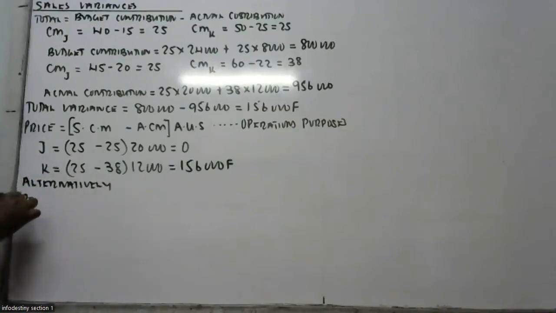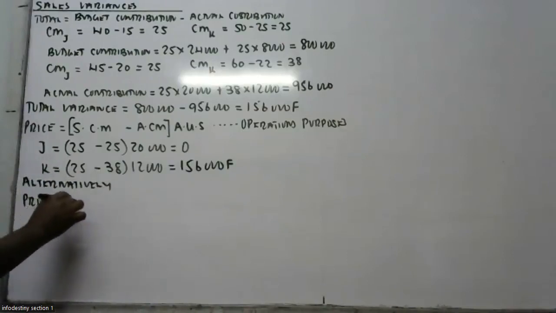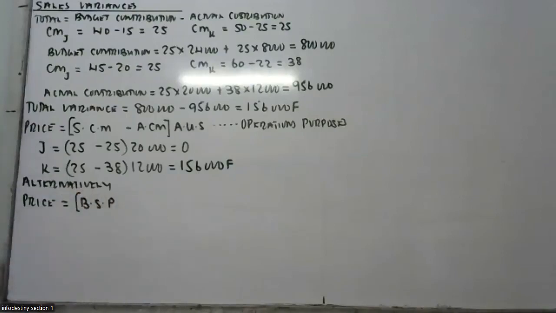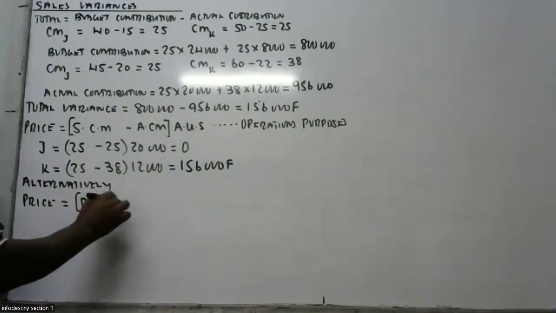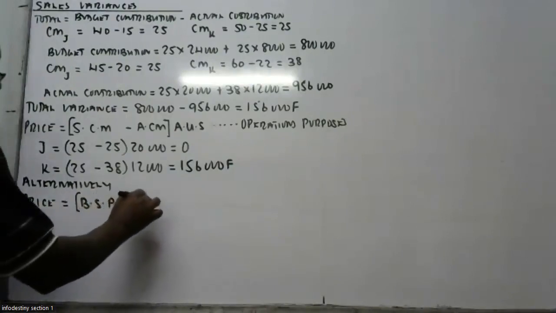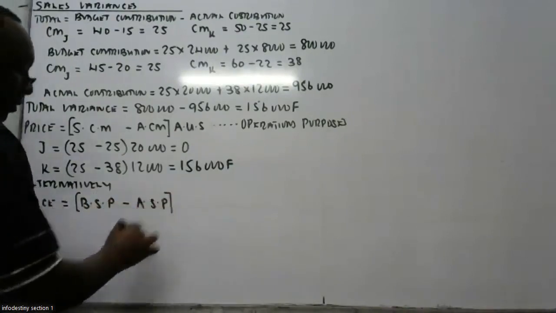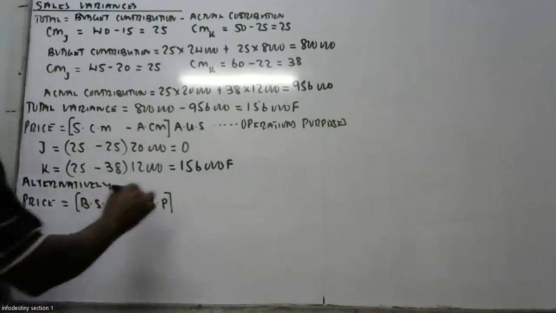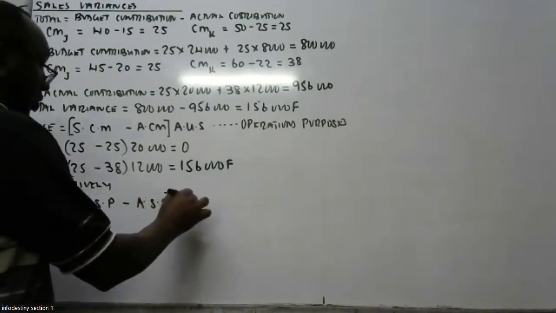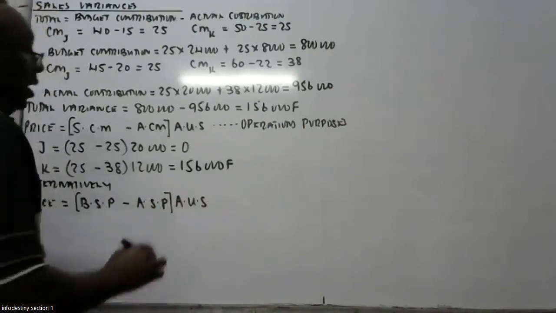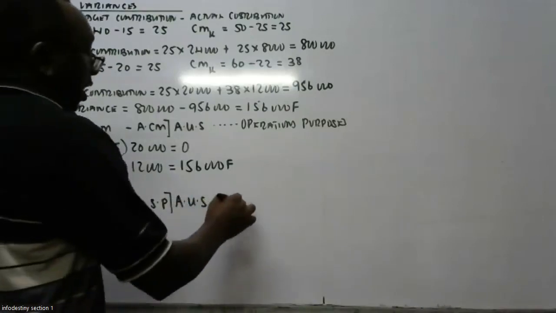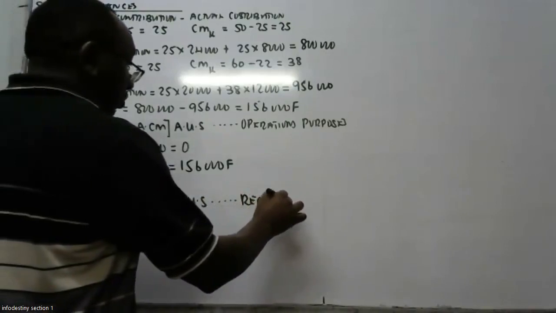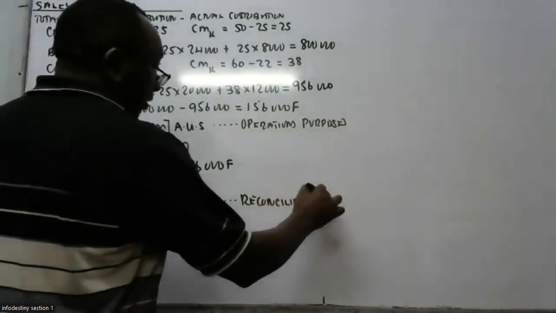Now alternatively, this price variance is also given as budget selling price minus actual selling price, you multiply by actual units sold. Now this one is used for reconciliation purposes.